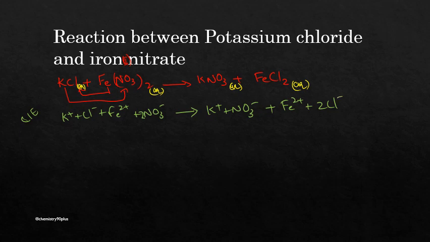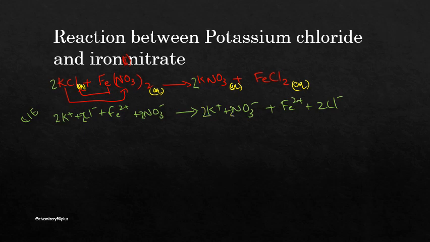Okay, so is this balanced? There are two chlorine here, so I have to put a 2 here, and there are two NO3 here, so I have to put a 2 here. So when you write the complete ionic equation, I have to write a 2, 2, and 2, and 2.